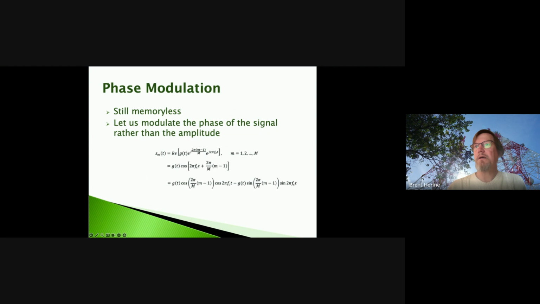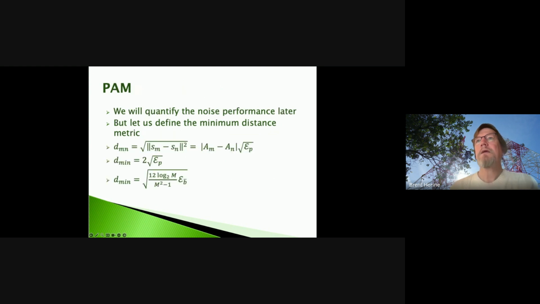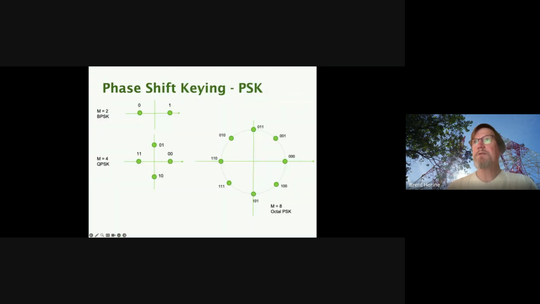This is cosine of theta 1 plus theta 2, let's say, and then you can expand that out. This is just the trig identity associated with double angles. So we'll have a cosine of one argument times cosine of the other argument minus the sines of those respective arguments also.